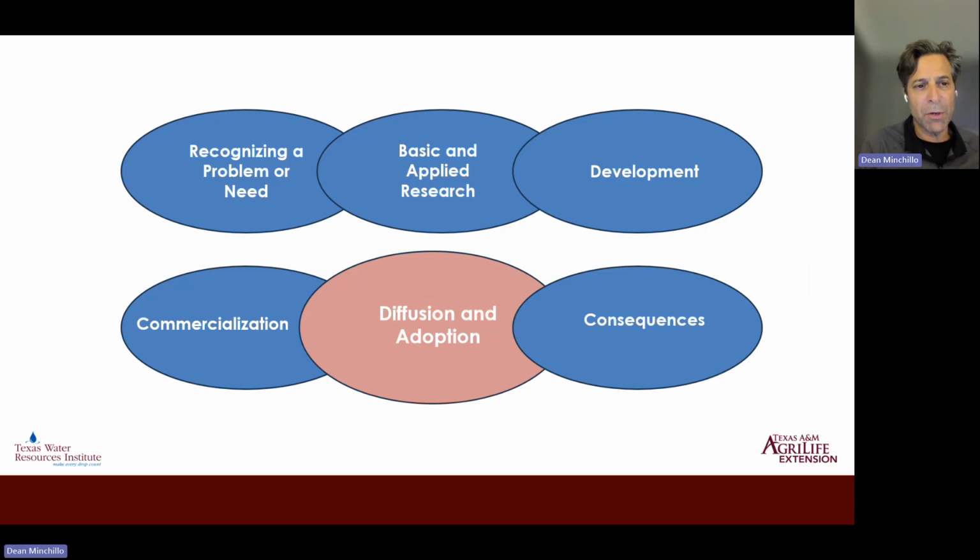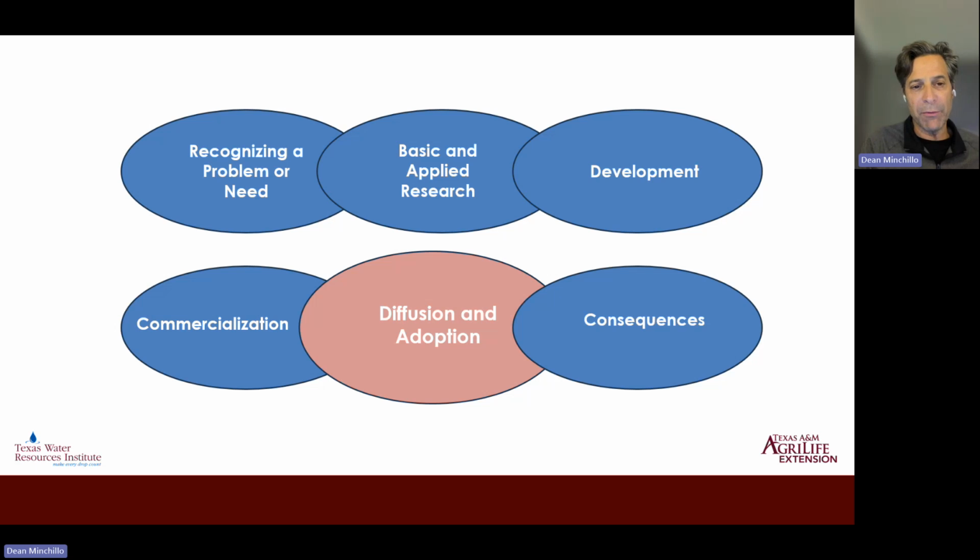So when I say they build on each other, first the need or the problem arises, and we'll go over a couple of examples of that. Once that is identified, we've got to apply some basic research to how we are going to solve that problem.